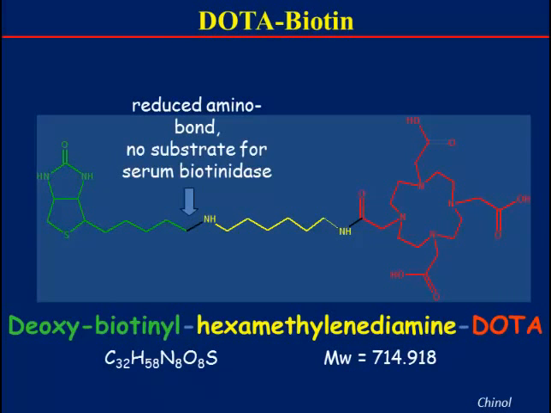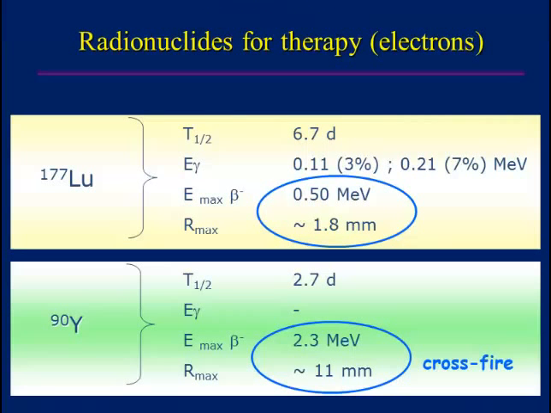So this is the molecule of DOTA-biotin, which is labeled with lutetium, yttrium, or indium, any metallic ion. Most of you know the characteristics of lutetium and yttrium.